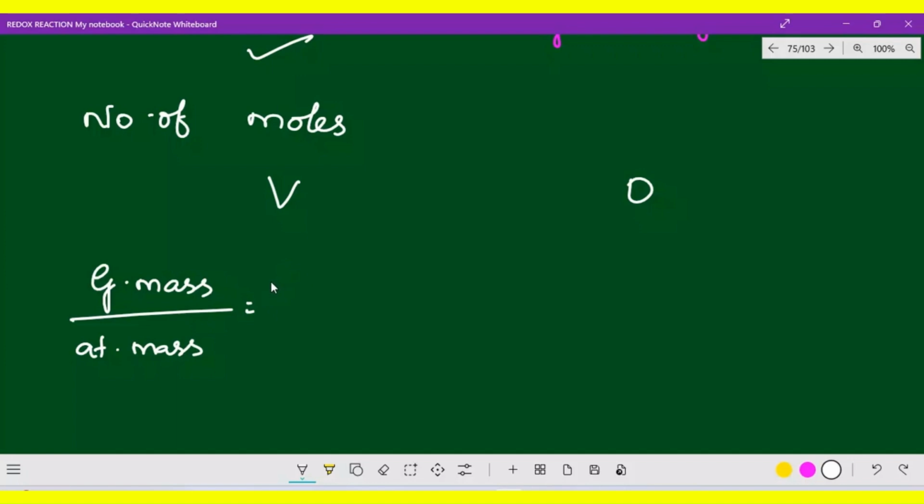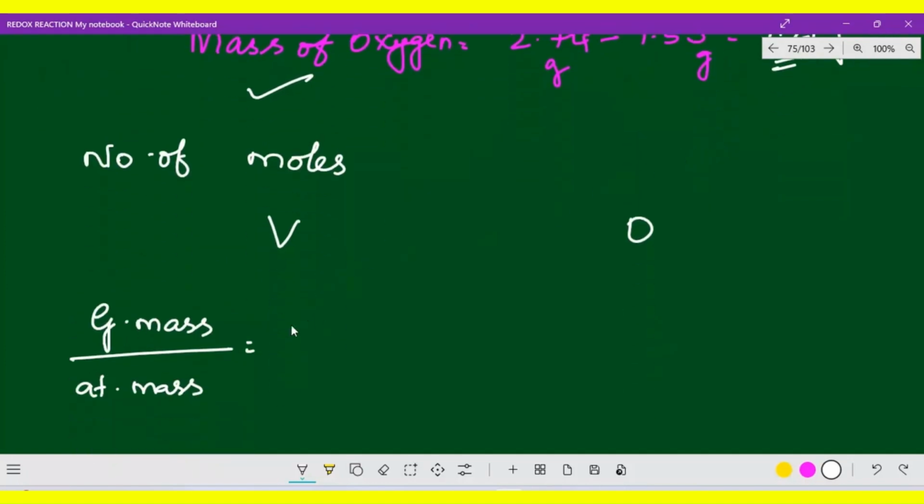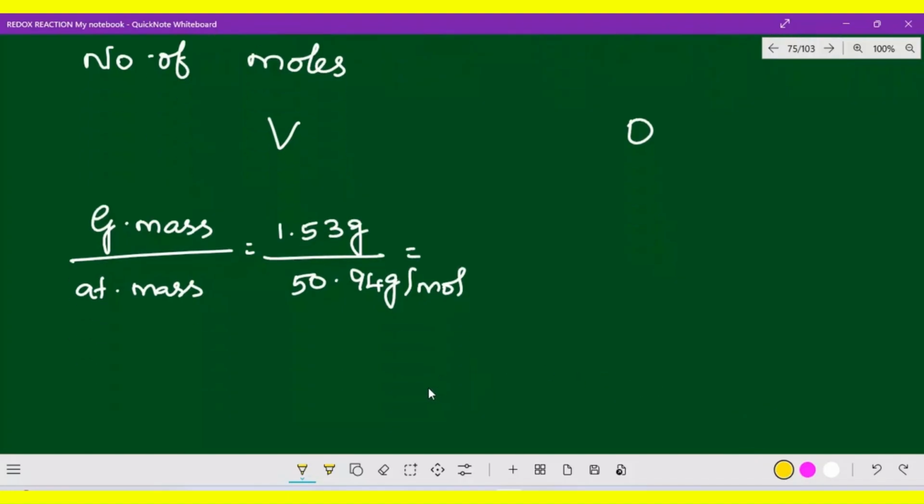The metal's mass here is 1.53 grams, that is the given mass. So 1.53 gram divided by the atomic mass of vanadium, 50.94 gram per mole. You will be getting 0.0300 mole.